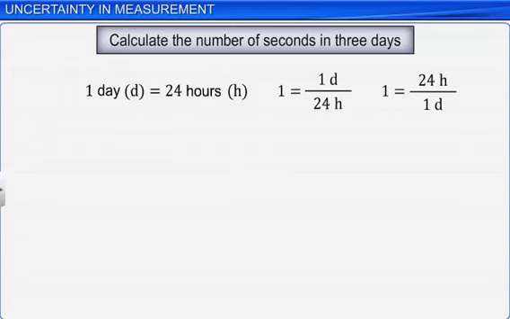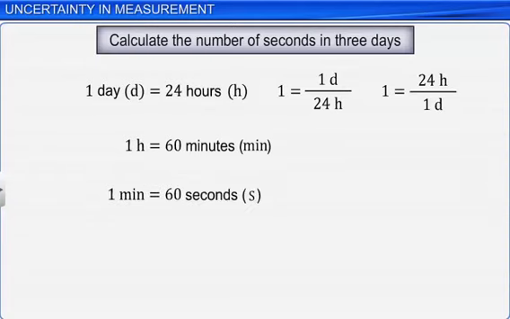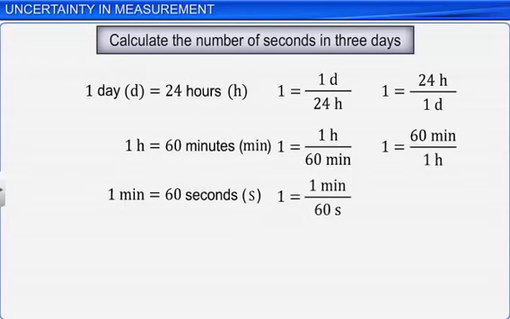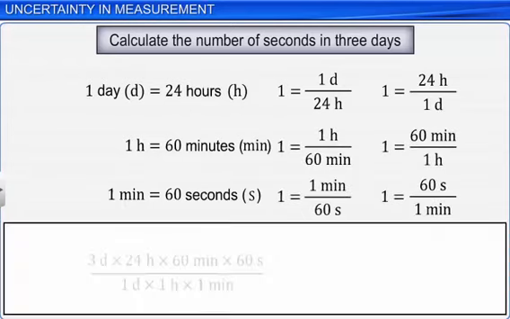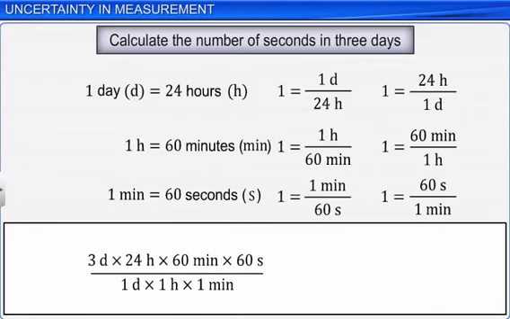We also know that 1 hour is equal to 60 minutes and 1 minute is equal to 60 seconds. In this calculation, we want the answer in seconds. Hence, we will select the conversion factors in such a way that the units of the preceding factor are cancelled out. Thus, in this equation, days, hours, and minutes are cancelled out, and we obtain the answer in seconds.